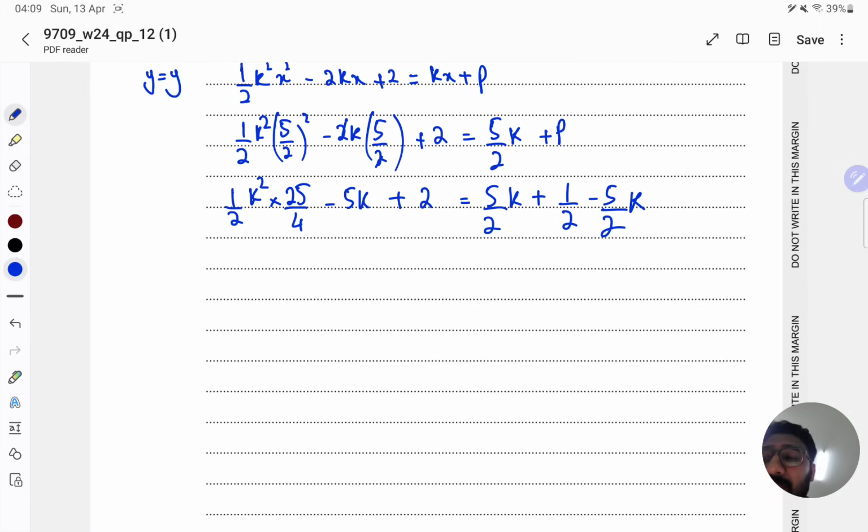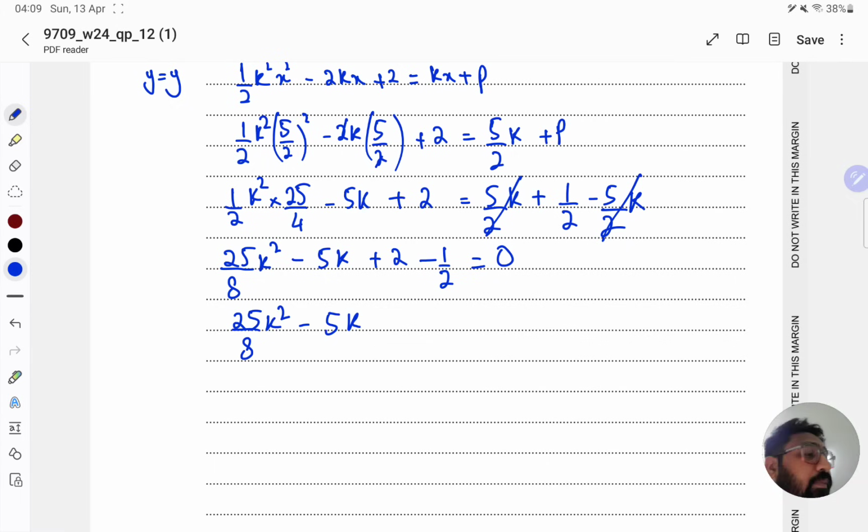Further simplifying, it will be 25/8 k squared minus 5k plus 2 minus 1/2 equals 0, so 25/8 k squared minus 5k plus 1.5 equals 0.